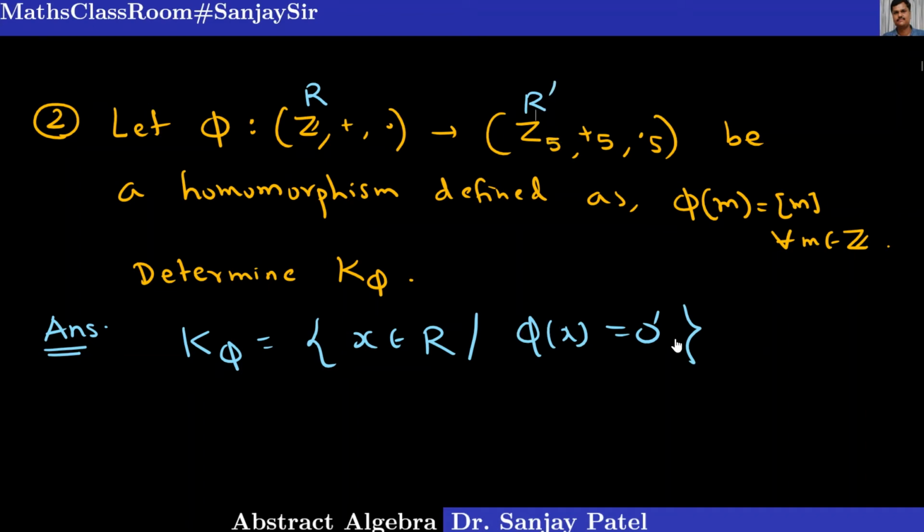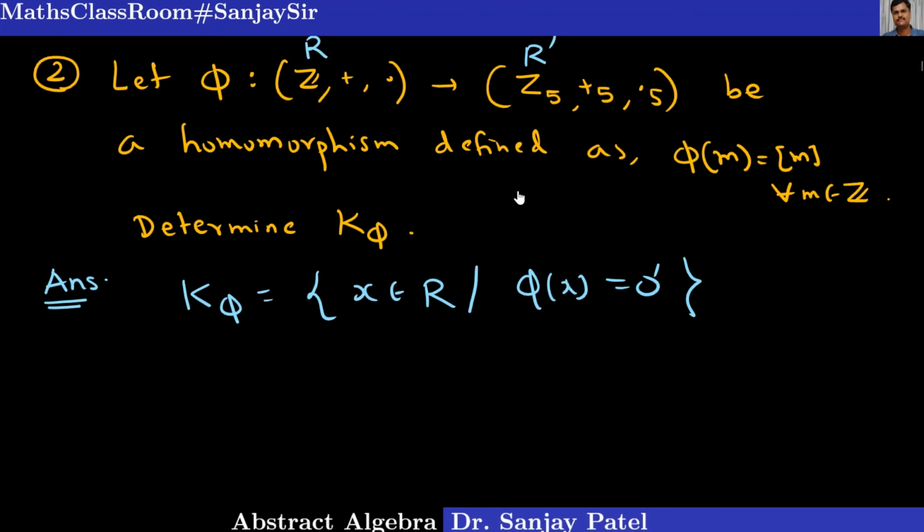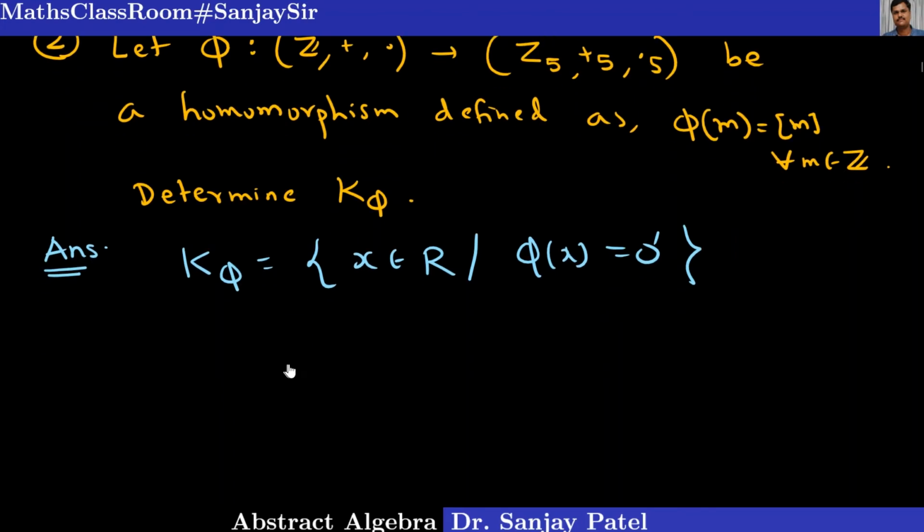This 0 dash is the zero element of the codomain ring Z_5, and we know the zero element of Z_5 is nothing but the class 0. So this is equal to the set of all x belonging to Z such that phi of x is equal to class 0.